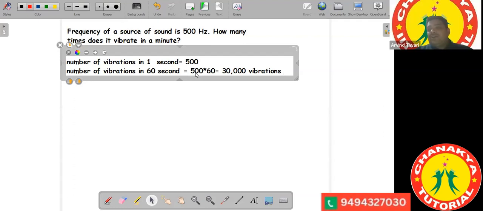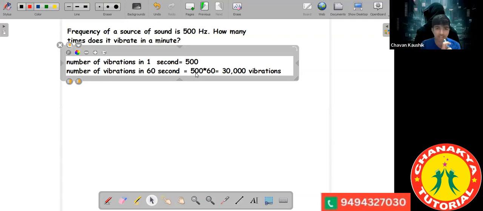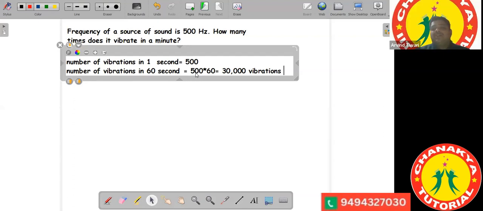And what do we mean by the frequency? In a second, this much is being produced. Yes, frequency means the number of vibrations per second. Never mind, even if you got it incorrect, try to correct the next question.